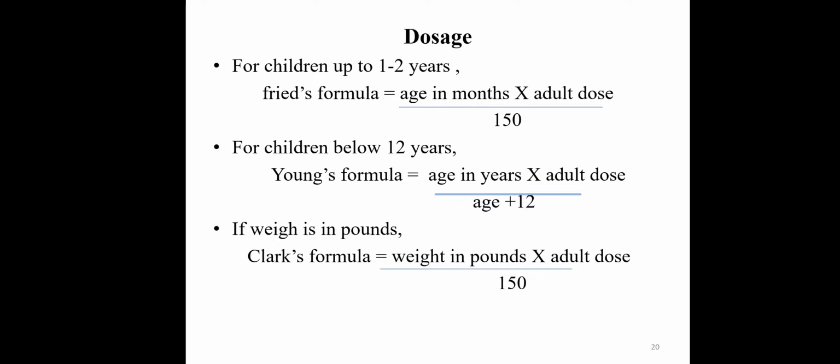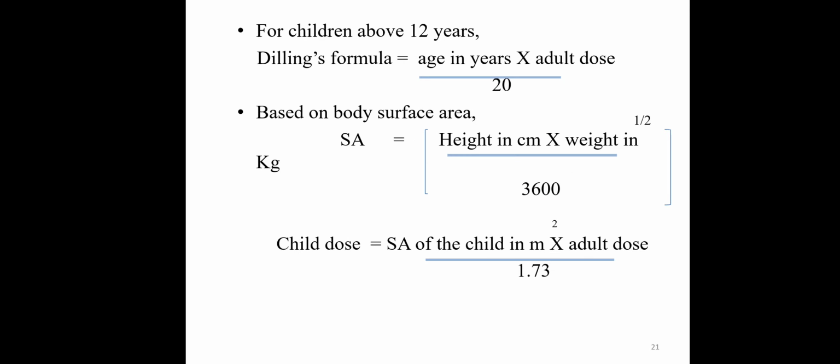For children below 12 years, Young's formula: age in years times adult dose divided by age plus 12. If weight is in pounds, Clark's formula: weight in pounds times adult dose divided by 150. For children above 12 years, Dilling's formula: age in years times adult dose divided by 20, based on the body surface area.